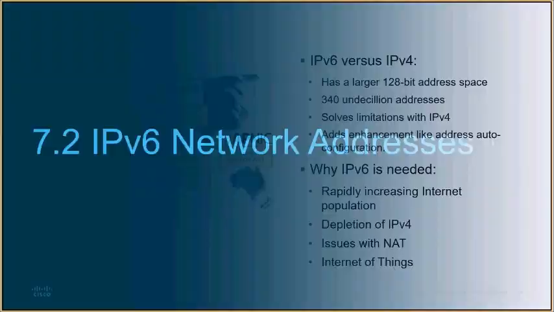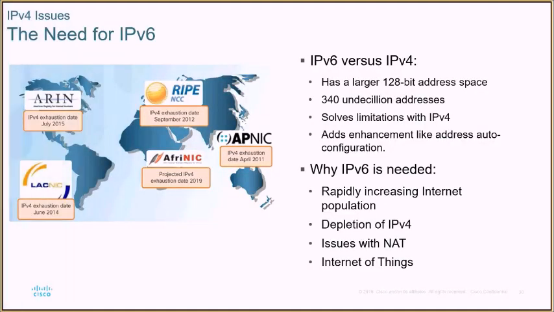Now, IPv6. IPv6 was designed because we were running out of IPv4 addresses. Instead of a 32-bit number, so 2 to the power of 32, as I said, 4 billion addresses, they've quadrupled the size of the address. Now, there's 4 times as many bits. Of course, that doesn't mean we've got 4 times as many addresses available.